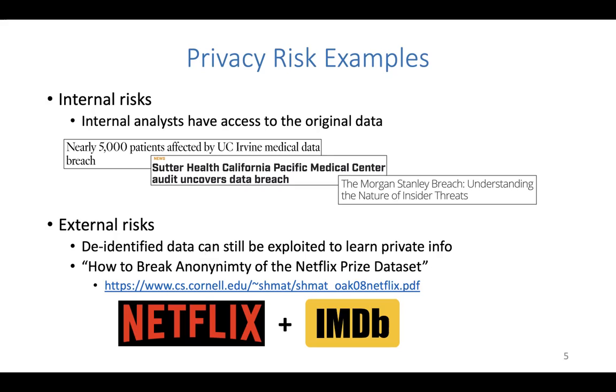A very famous example is the Netflix Prize data set. Some time ago, maybe 10 or 15 years ago, Netflix released de-identified movie ratings data of about some million Netflix users.